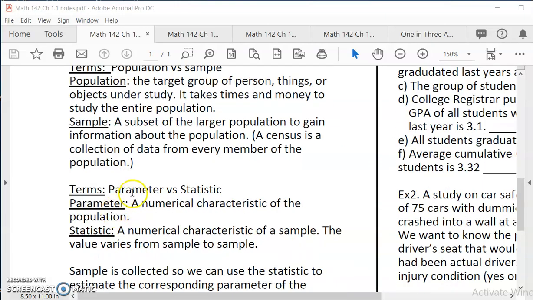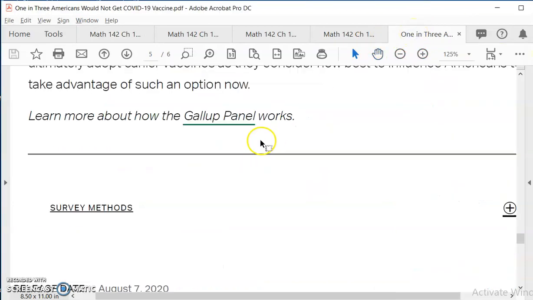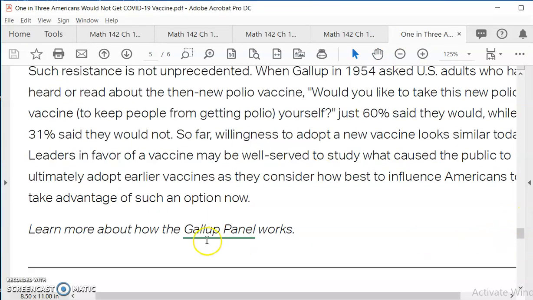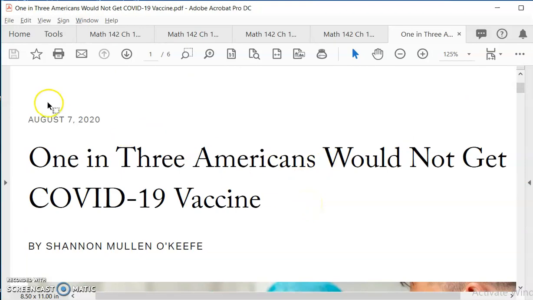Now, before I go into these six terms, I want to show you a statistical article. This article is published online on the Gallup website. Gallup is a company that conducts research for other companies, and one of the statistical studies they did in July, they published the findings in August.